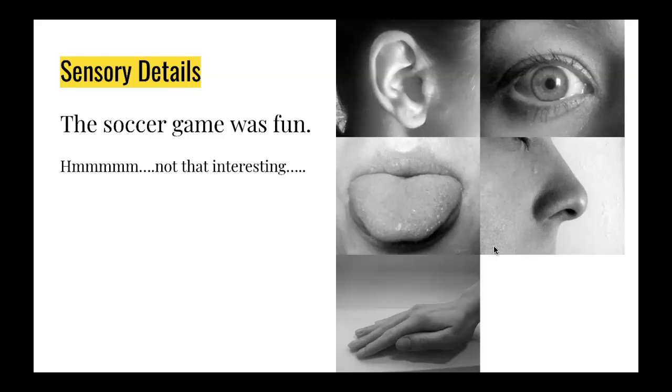Like, the crowd's cheer rang through the air as my uncle leapt into the air, kicking the soccer ball into the net with a loud swoosh. So I'm doing sound, I'm doing sight.